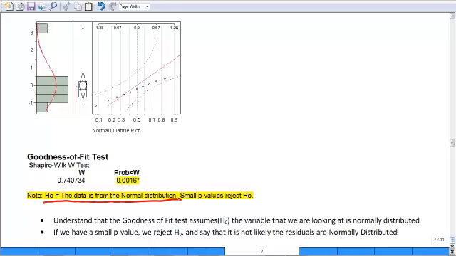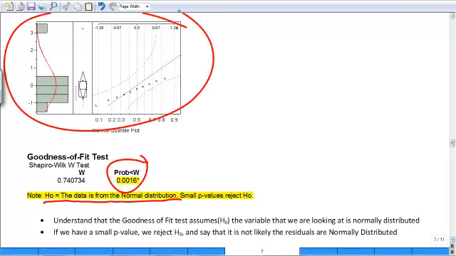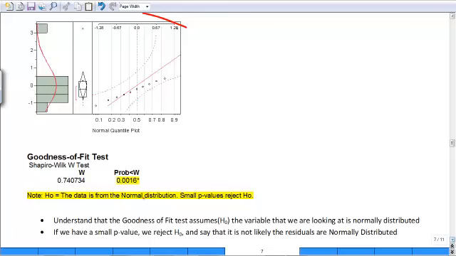We're only going to reject that null hypothesis if it's clear that they're not. P-value that we've got is 0.0016. That is a very small p-value. Notice it's got an asterisk after it. It says reject the null hypothesis. So based on this, we can say that this set of residuals is not normally distributed.